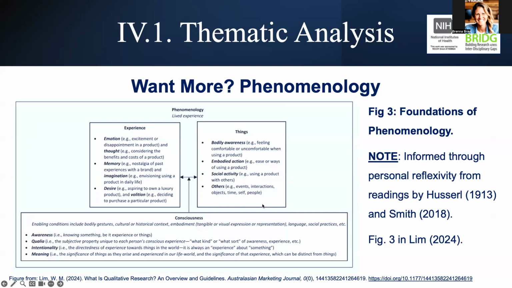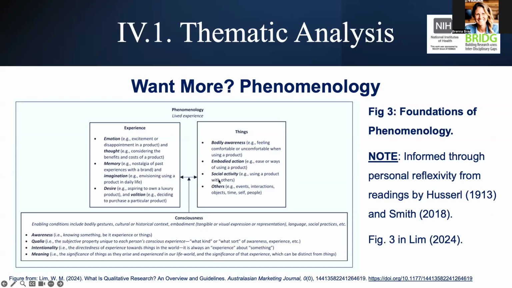So we've got another little schematic here on phenomenology, and we went through this in module 1, so I'll just hold off on going through this for now. But again, just to reiterate, with phenomenology, when we're really exploring lived experiences, we'll have the experiences that we might observe or note. These might be things like emotion, thought, memory, imagination, desire, volition.